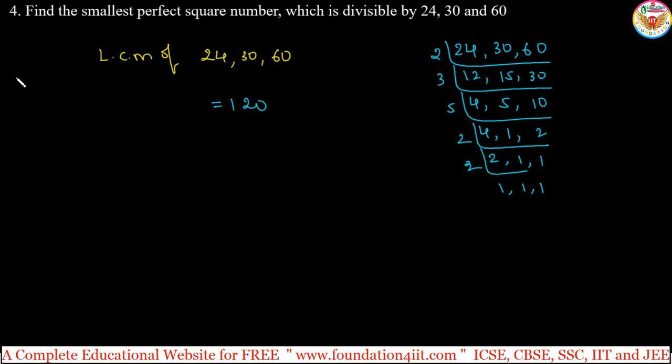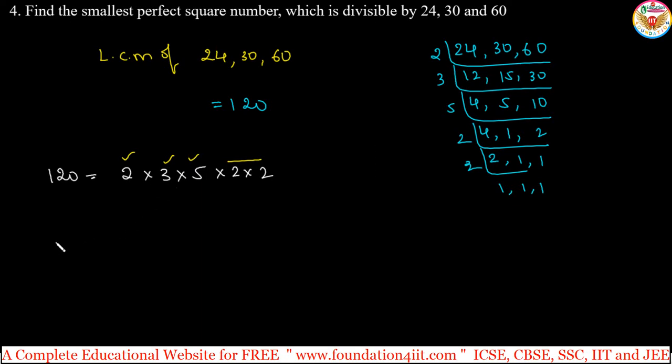Now take this 120 and make it into prime factors. That is 2 into 3 into 5 into 2 into 2. So every pair, 2 2 is one pair, but still 2, 3, 5 are left over.